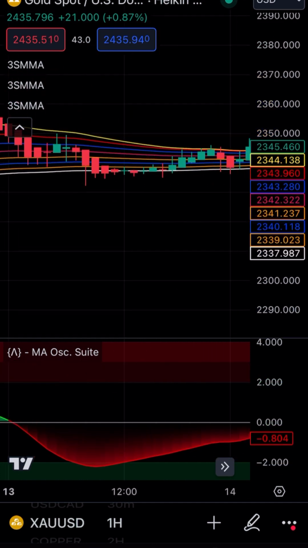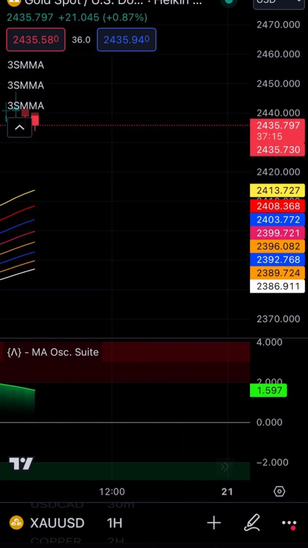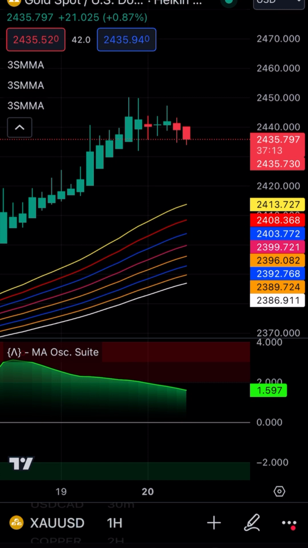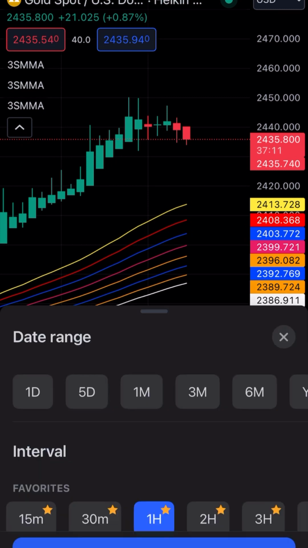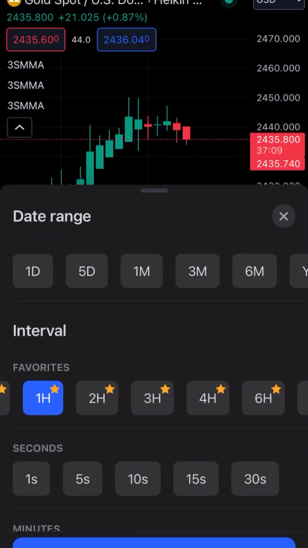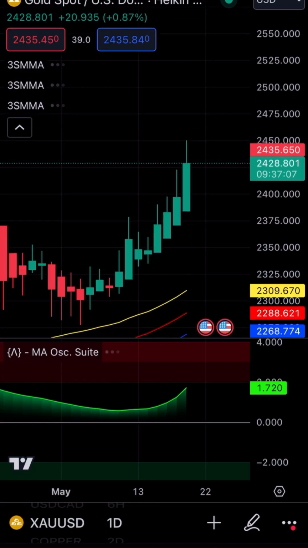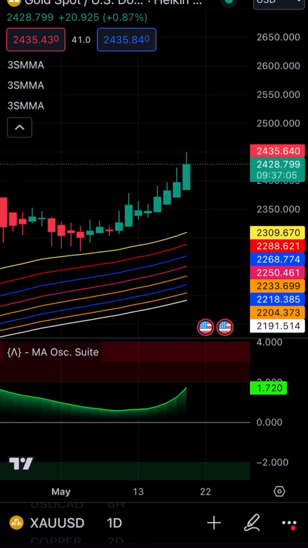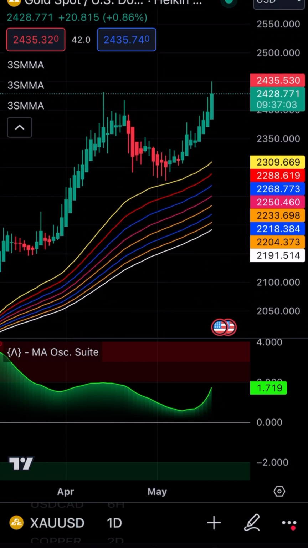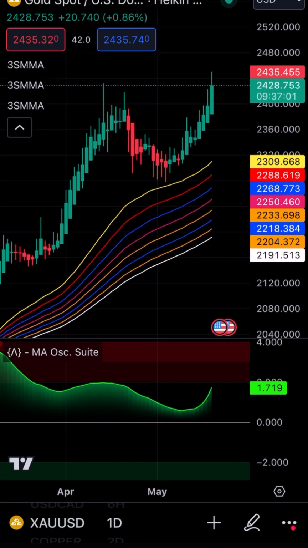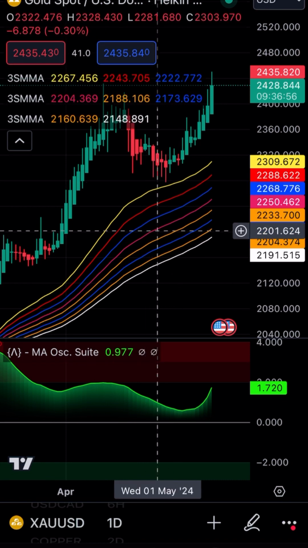So once again, for review, once you have everything set up, go to your day chart. You get the overall trend, and you can get an idea whether it's going to keep going up or not. Look at your moving averages here.